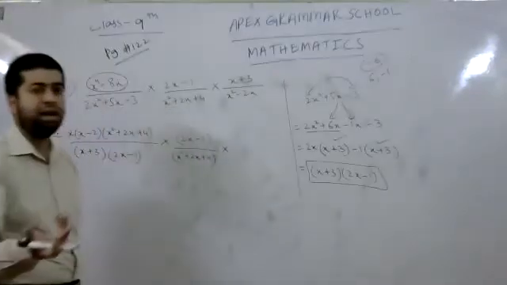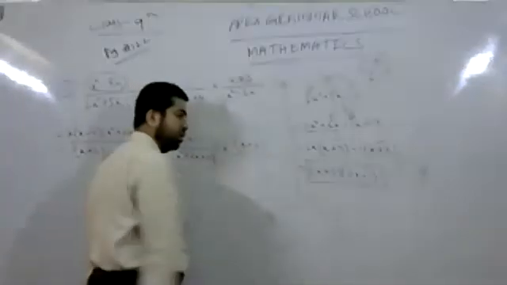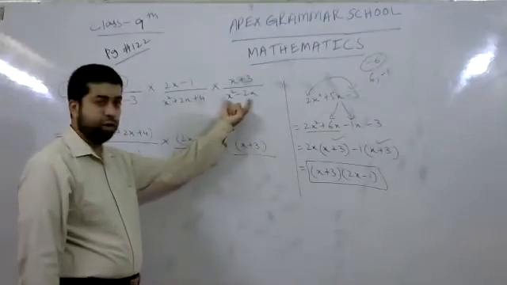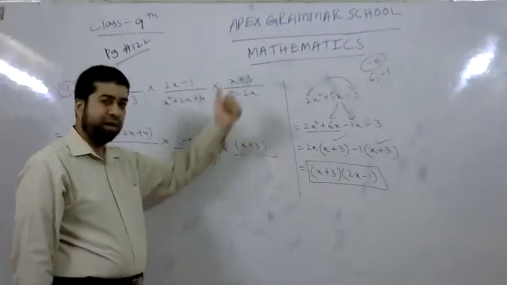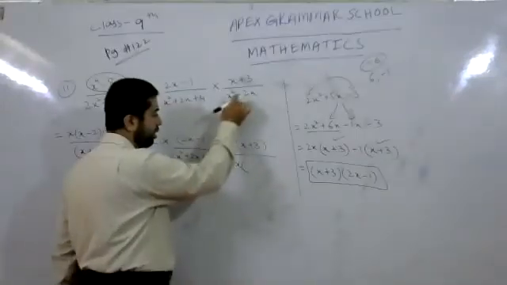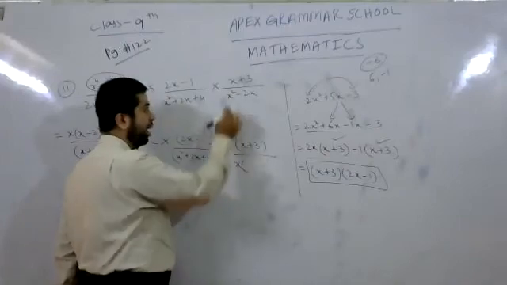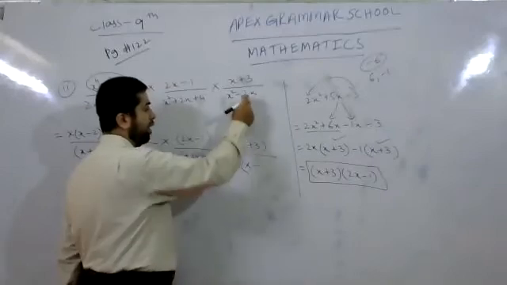It is already the linear factor. You need to write x plus 3 as it is. Now for this factor, x square minus 2x. What is common here? You can see that only x to the power 1 is common. After taking x common, 1x is outside here and x will be inside. After that, negative sign and 1x is outside here and 2 will be.